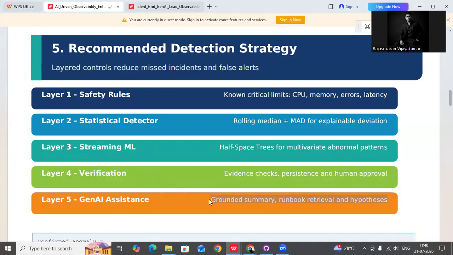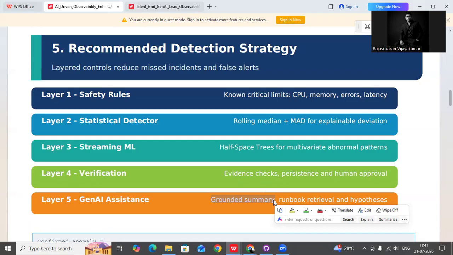This GenAI assistant is deployed to ensure a grounded summary is given to the user once anomaly detection is done. It gives an explanation in an easy to understand way for non-technical users, because different types of users may be using the system and may not understand the anomaly appropriately. So it gives a grounded summary.